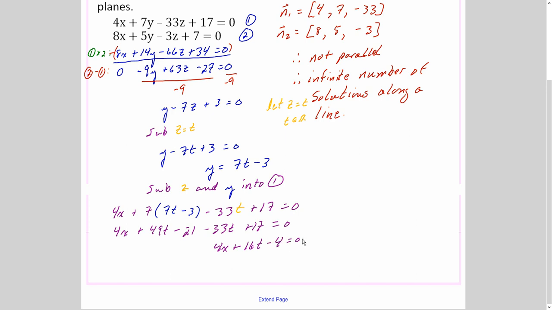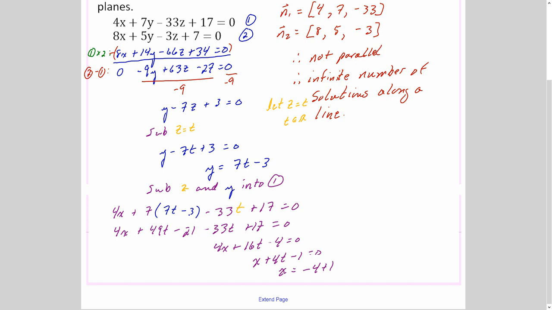And again, I can reduce this. I can divide everything by 4. So x plus 4t, subtract 1, equals 0. Therefore, x is going to be equal to negative 4t plus 1.